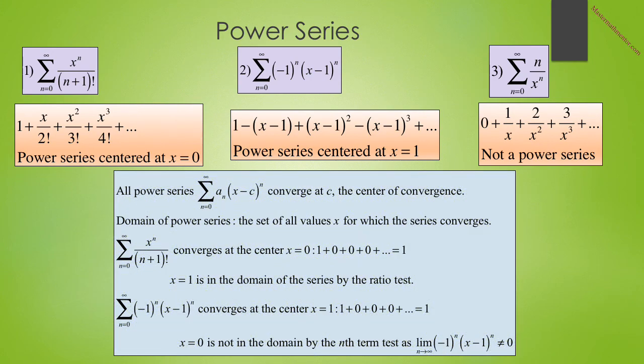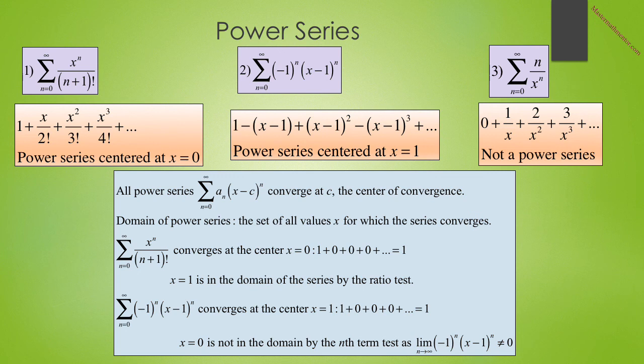Several facts about power series. All power series in the form summation n equals 0 to infinity of a sub n times x minus c raised to the n power converge at c, which is called the center of convergence. The domain of a power series is the set of all x values for which the series converges.